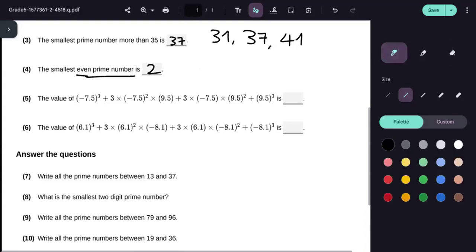Okay, next one, the value of this whole long sum is, this one is very easy, just go to your calculator and press it out. Just type every single thing into your calculator, which will take me a while.